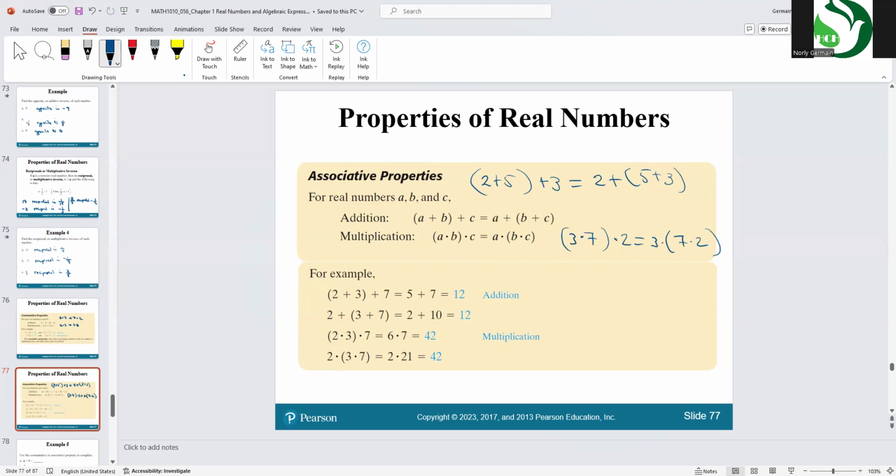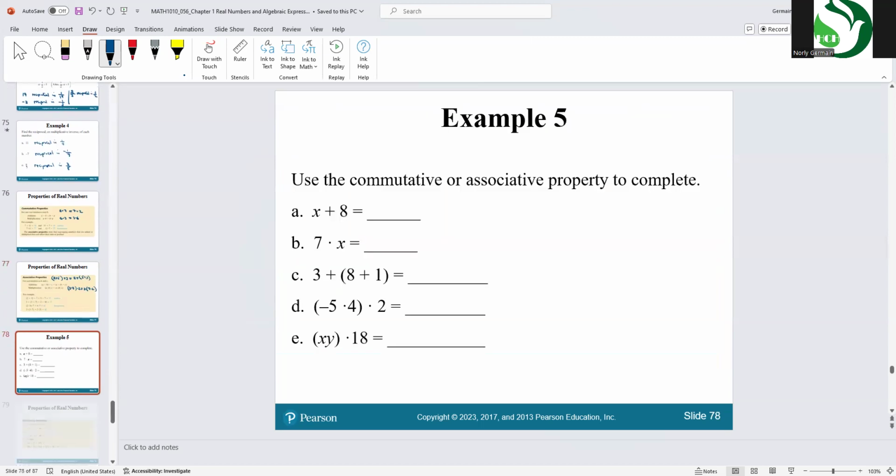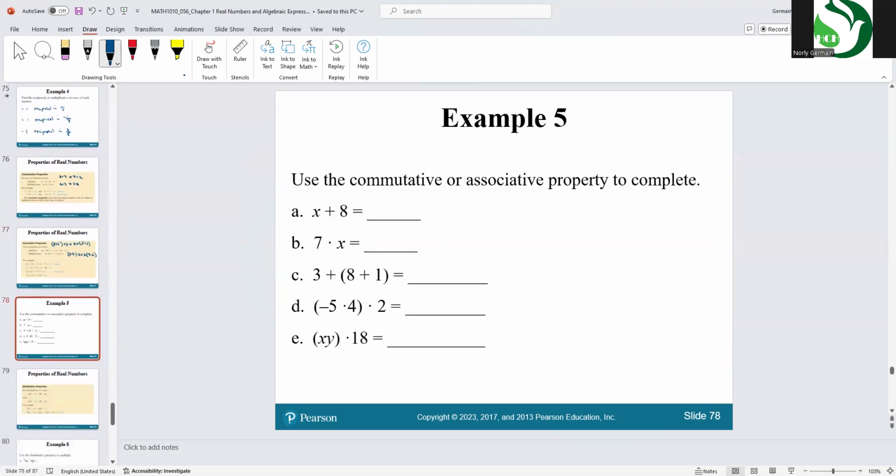I put a few examples for you just to see, but I'm going to do examples directly. Let's say use commutative or associative. For commutative, the first one would be what? Yes, 8 plus x. It's just to show you that you can do x times 7, multiplying, and that's associative. That means you can do 3 plus 8 plus 1.